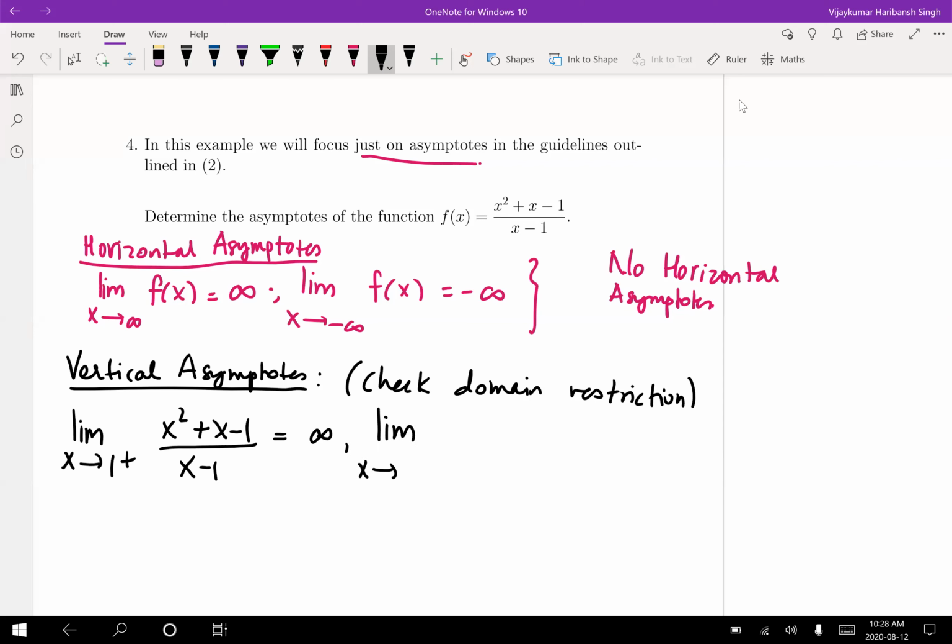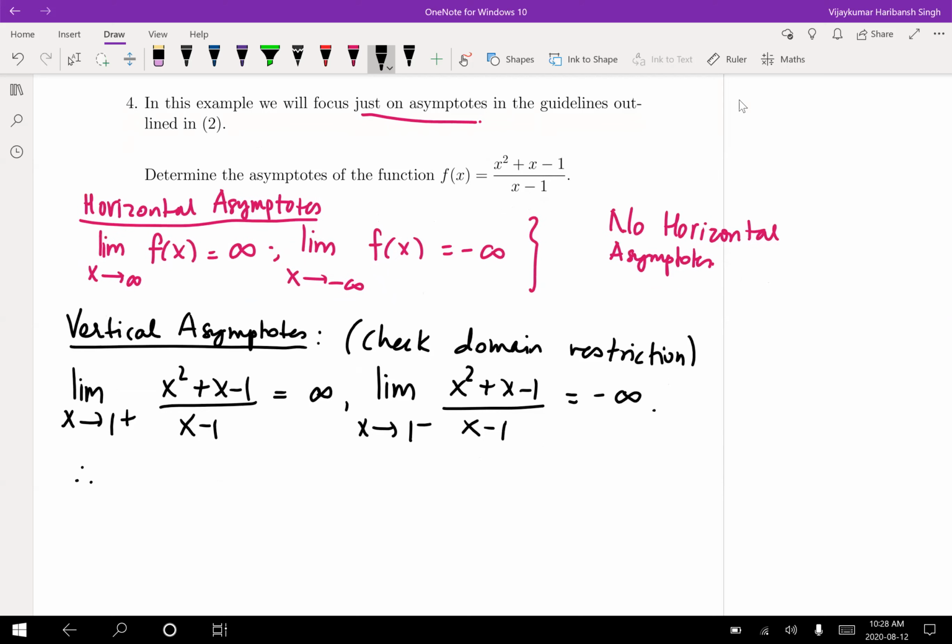The limit as x goes to 1 minus: same thing, the top goes to 1, but the denominator goes to 0 with a minus sign. So we get what? So x equals 1 is a vertical asymptote.